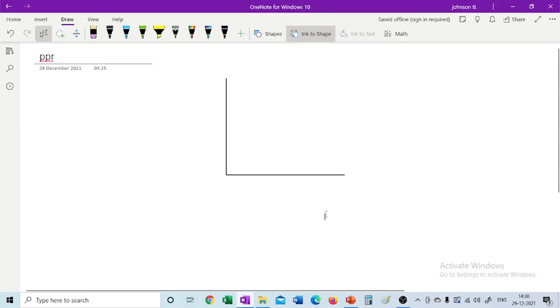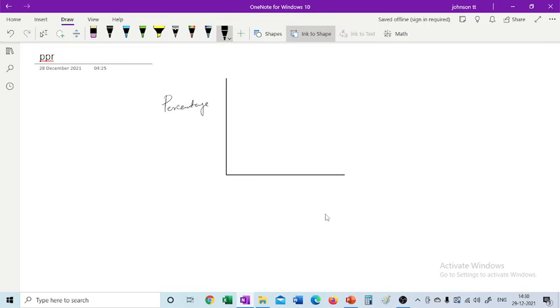See, in the x-axis we take percentage change in output. So in the x-axis we have to mark percentage change in output. And in the y-axis we take percentage change in inputs.